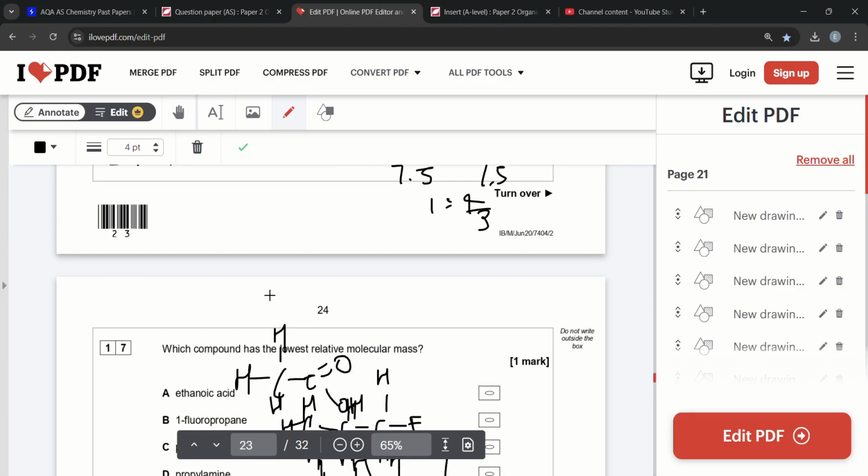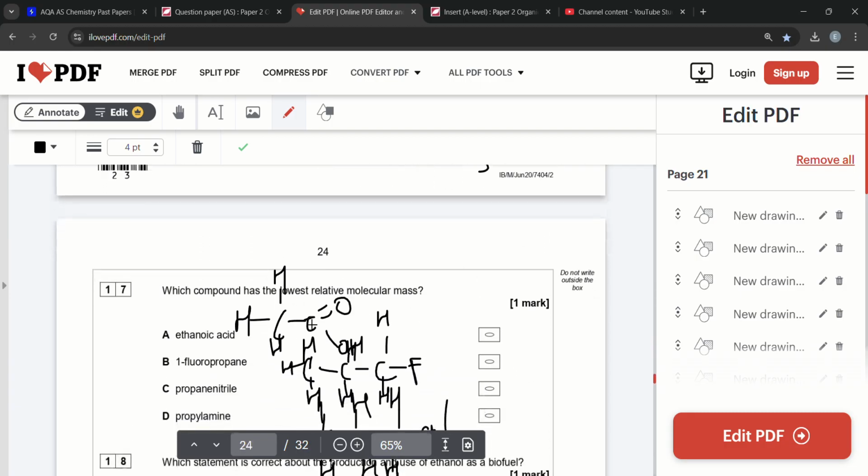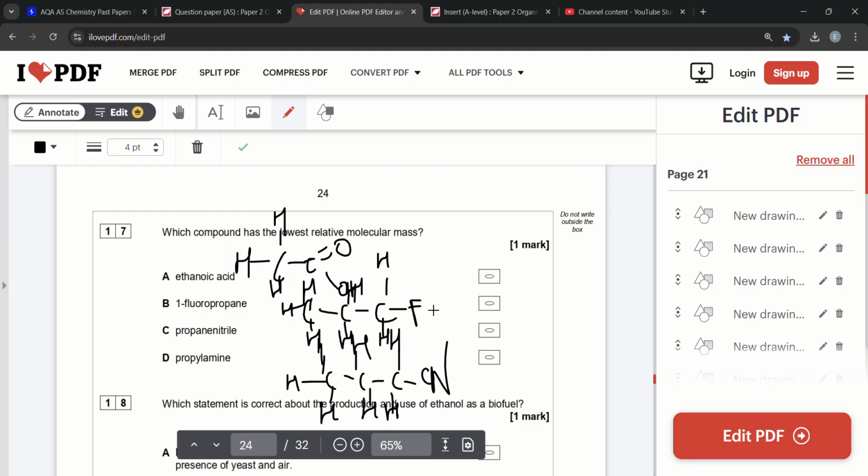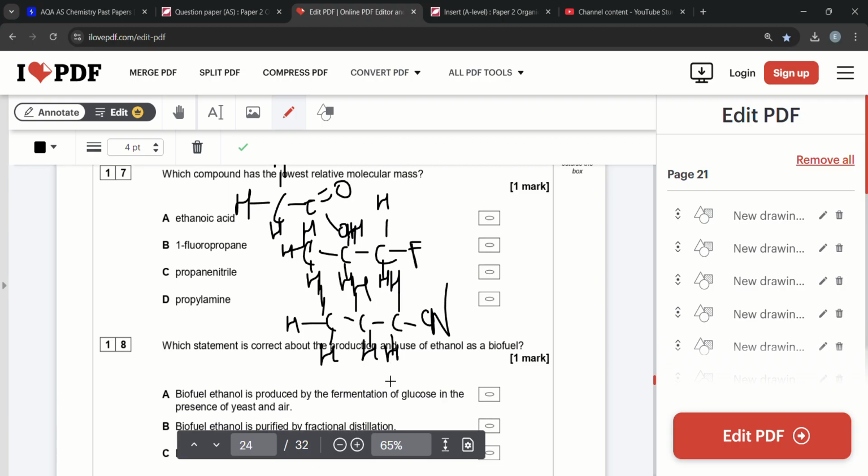So we've got CH3COH, CH3CH2CH2F. Because it's propane, CH3CH2. So it's not going to have this CH2. Propylamine, CH3CH2CH2NH2. This is going to be propylamine, propane nitrile.